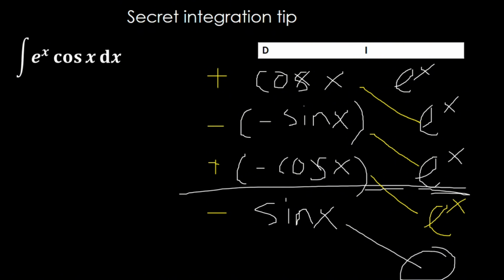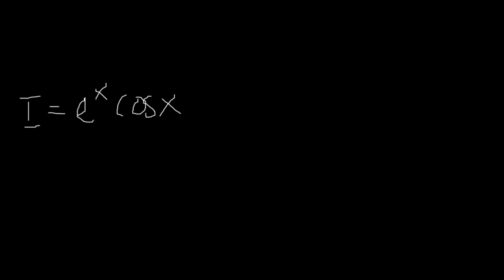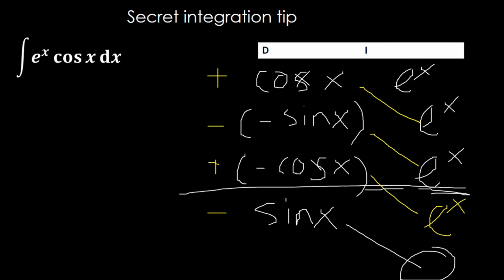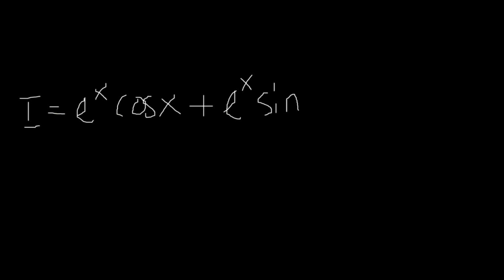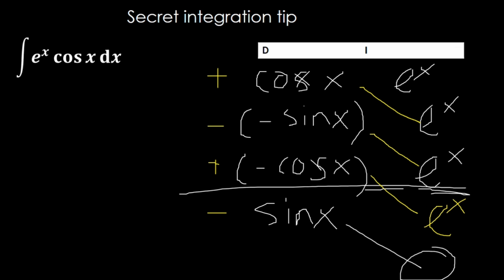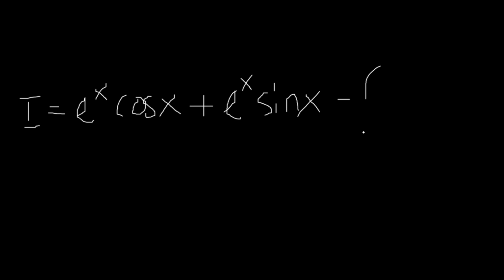I equals to e to the x cos x, times that, plus e to the x, we have multiplication sine x. And then you have minus, we keep an integral e to the x cos x dx.